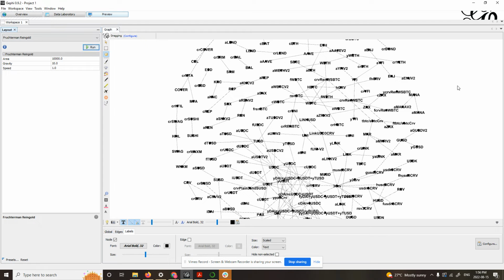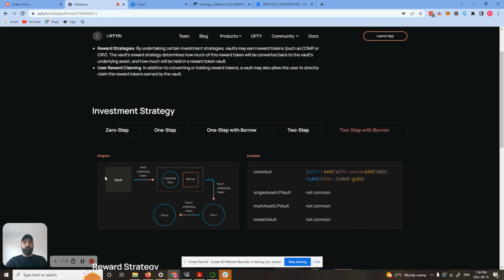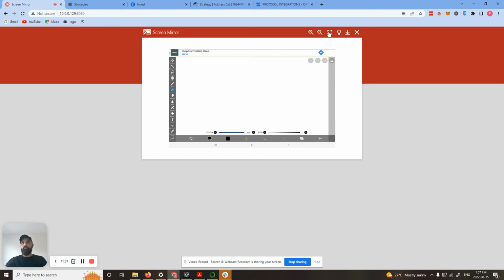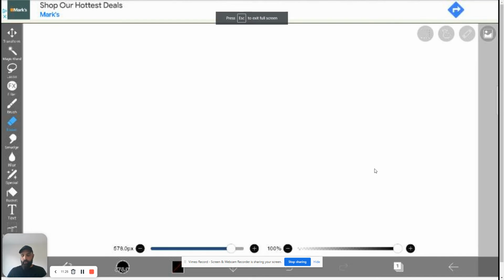In fact, let me show you also how the architecture looks. Just one second. So the way our architecture looks is that we have vaults on this side.